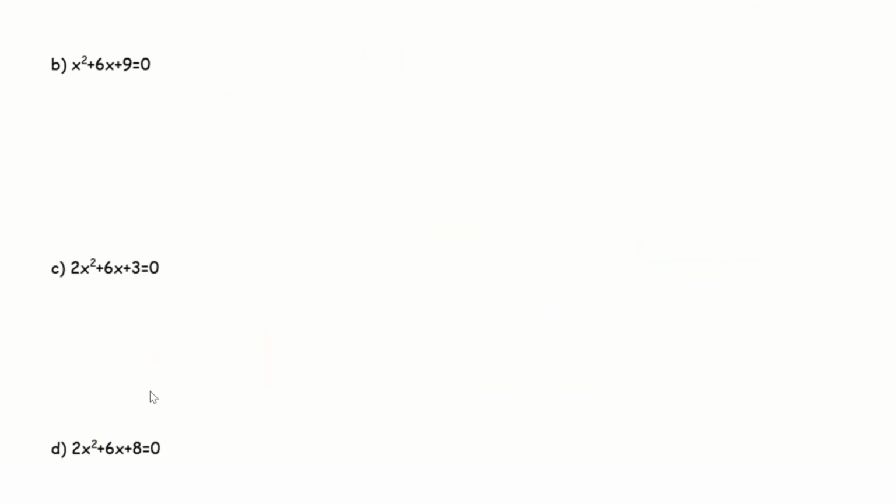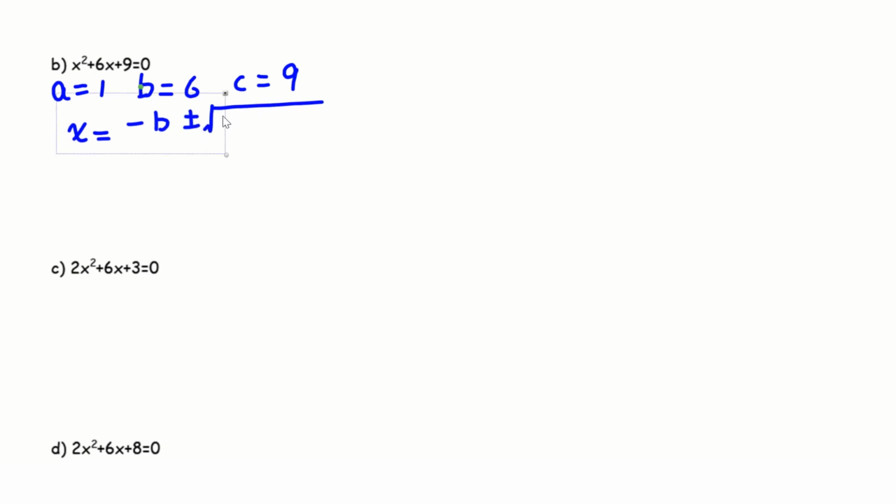Then we are going to continue to practice on using quadratic formula to find the x-intercept. Okay, so for this one, we are going to determine a, b, c. Even if this is factorable, we still want to just practice quadratic formula. So x equals, try to write the quadratic formula out each time.